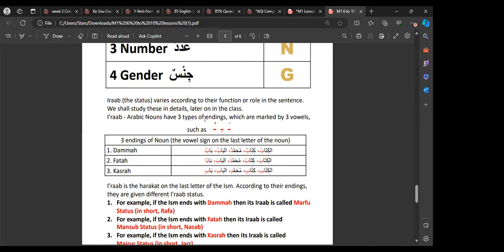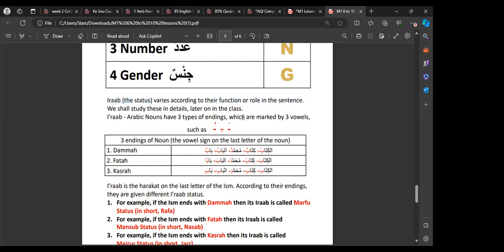We shall study these in detail later on. And yeah, we're going to go over this. We're going to spend so much time working out what is the status of this part of this sentence and this word and this ism. As long as you understand and comprehend this sentence: I'rab varies according to the function or role in the sentence.